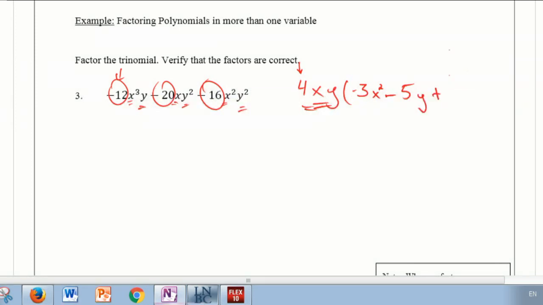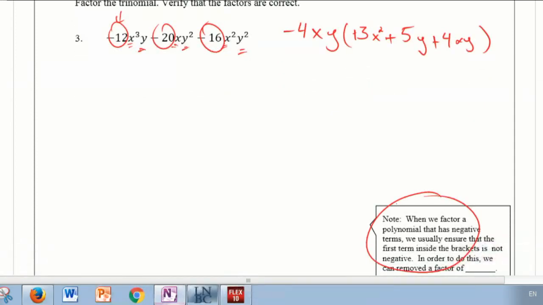And then 4 times negative 4 gives me the 16. I have x squared y squared, so I'd have xy. So once you get good at factoring, you can do problems just like that. You could pull out a negative 4, and we'll talk about that in a second. That'll change all of my signs to positive, which is kind of nice. That's completely acceptable, and that's even what the note says here on the side. Usually we don't have a negative in front of the first term, so we'll pull out a negative at the end if we need.